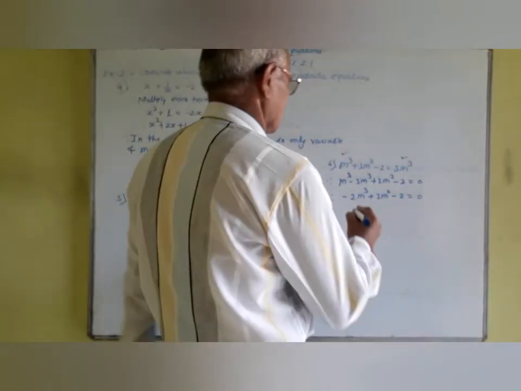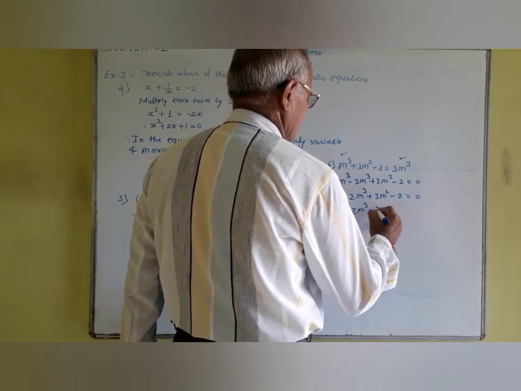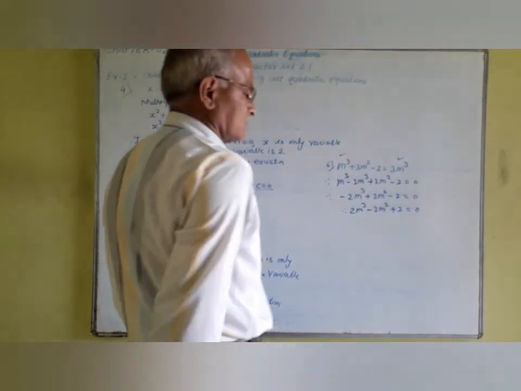Now changing the sign, we can write it as 2m cube minus 3m square plus 2 is equal to 0.